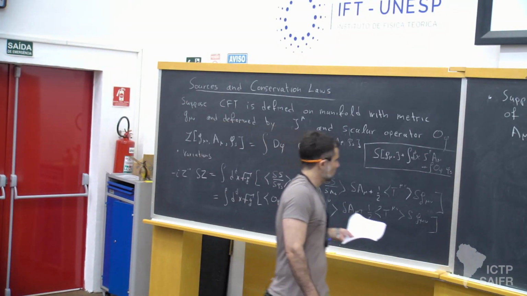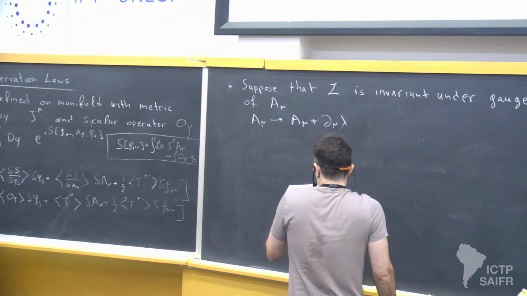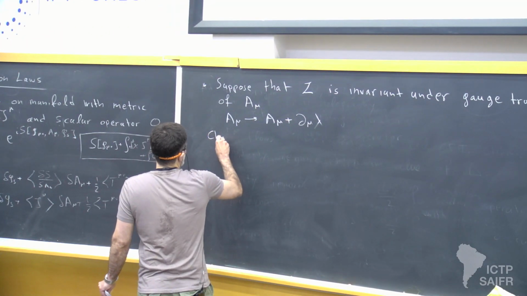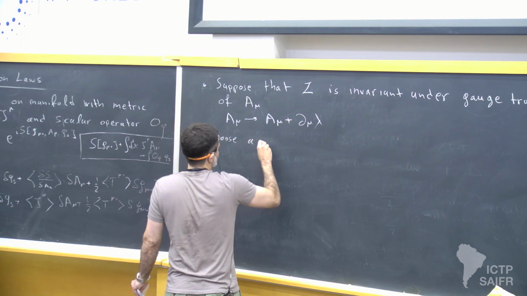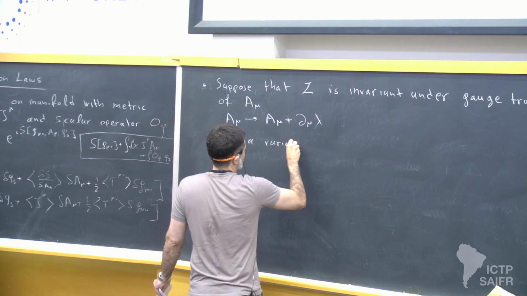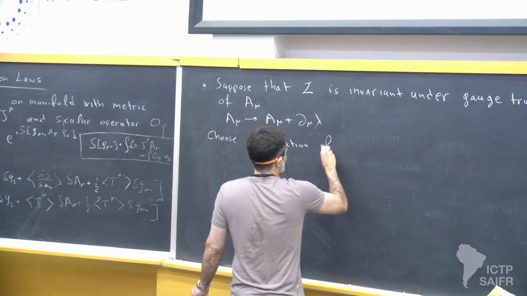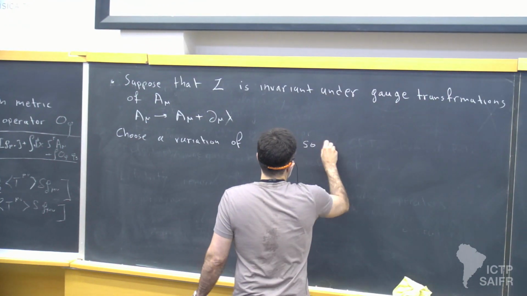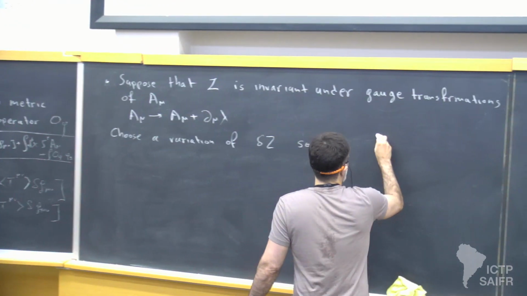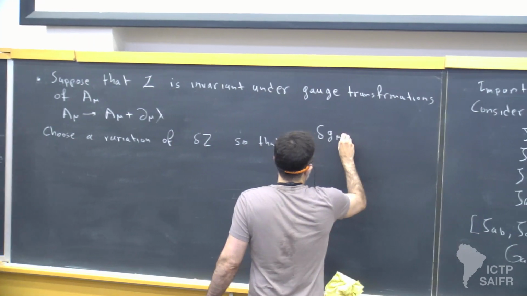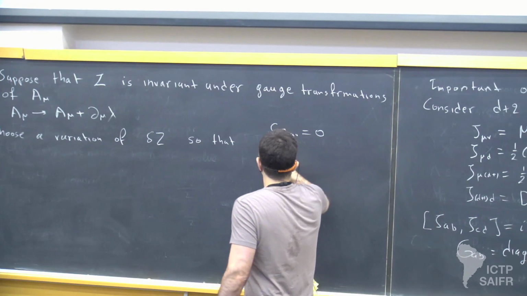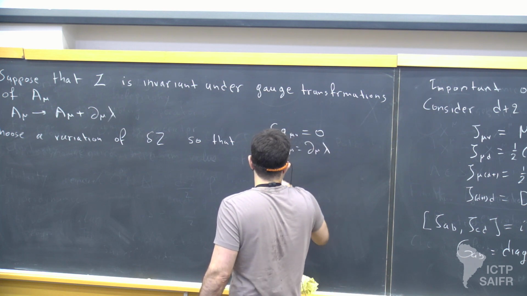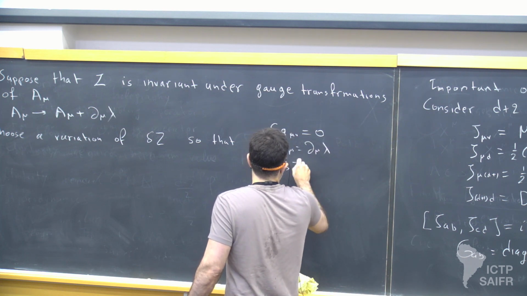Then if I choose a variation in delta Z so that delta g mu nu is 0, delta A mu is just partial mu of some scalar function, and delta phi s is just 0.